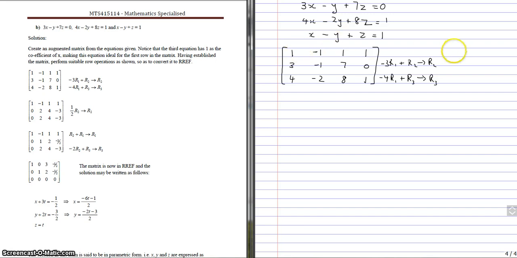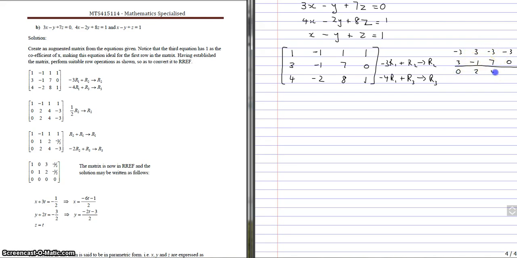Okay, so first of all, negative 3 times 1 is negative 3. Negative 3 times negative 1 is 3. We've got another negative 3 and another negative 3. We're going to add that to row 2, which is 3, negative 1, 7 and 0. When we add those, we get 0. 3 plus negative 1 is 2.